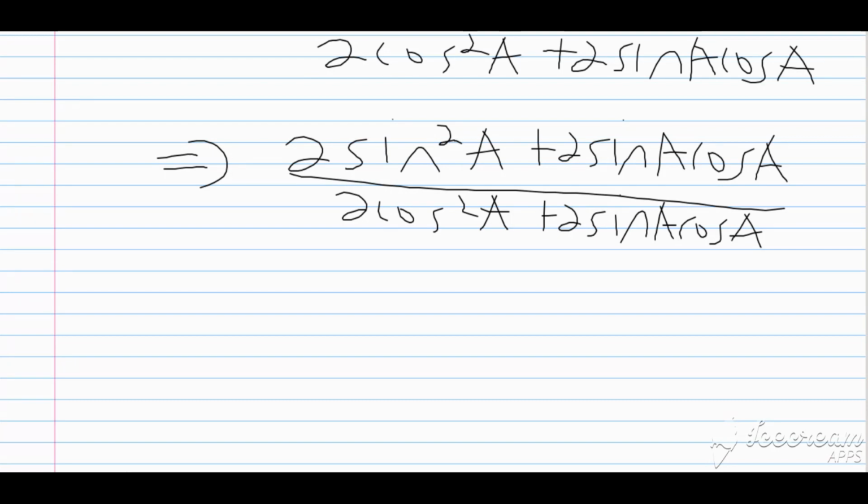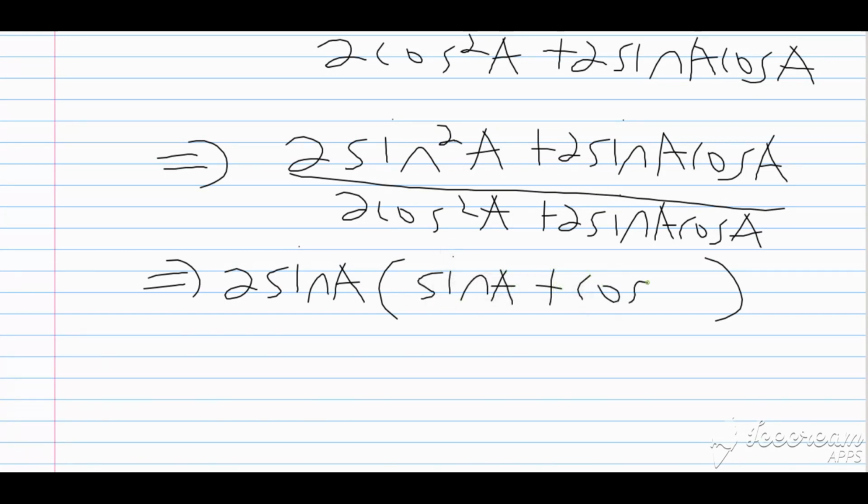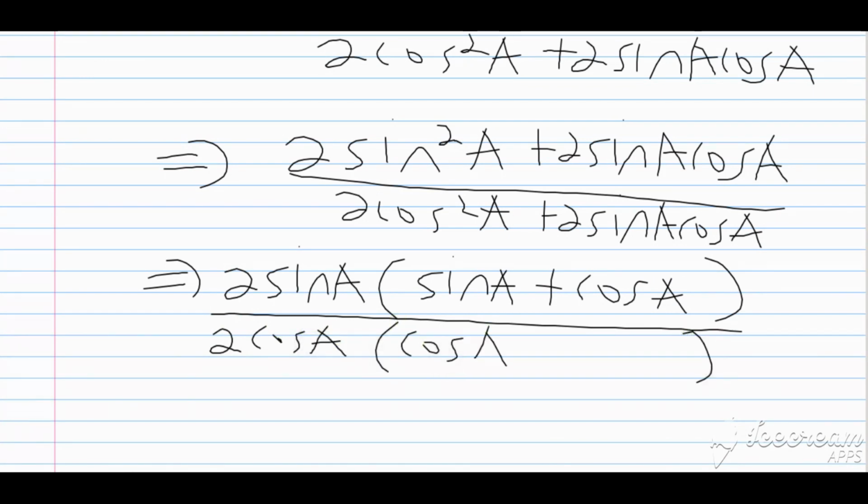When I look at this expression in my numerator, I can see that 2 sine A is common. So I'm going to go right ahead and factor it out. That is going to leave me with sine A plus the cosine of A. Similarly, in my denominator, I could take out a 2 cosine A, and that is going to leave me with a cosine of A plus the sine of A.